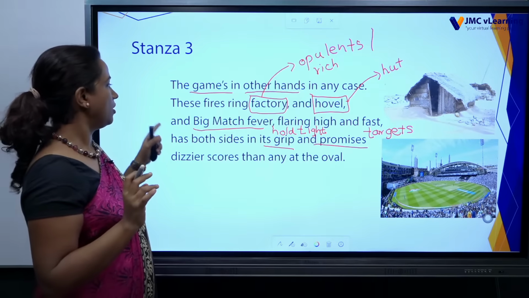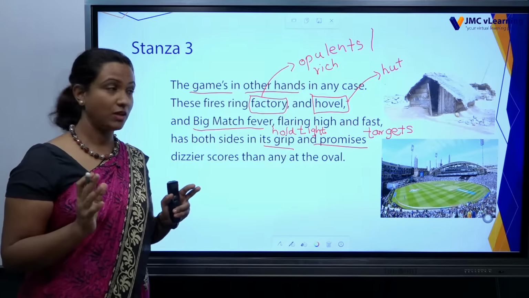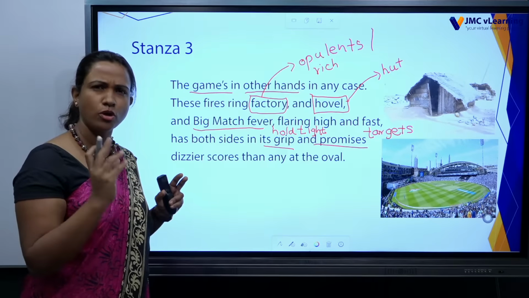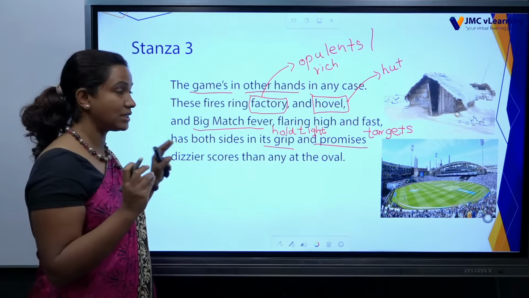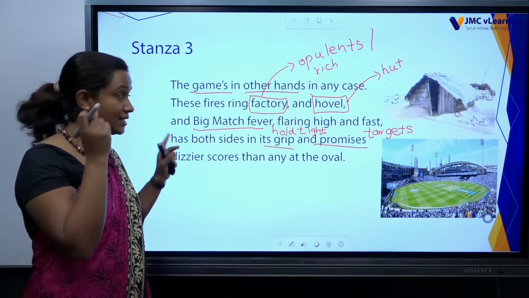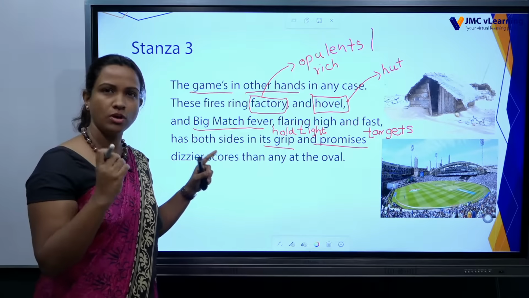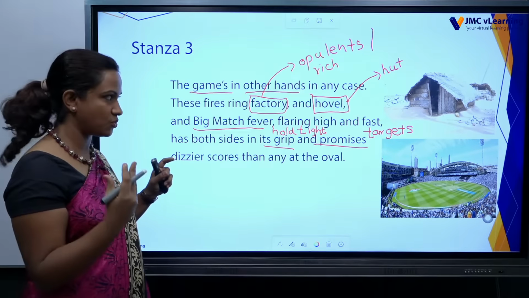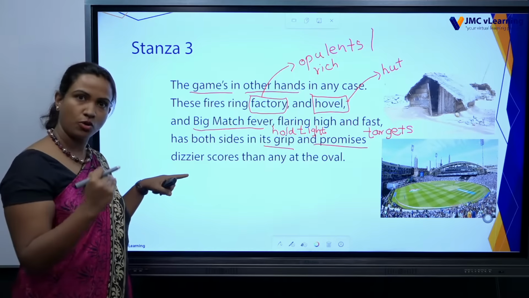So when you have a big match fever, you want to go to your target, your objective. You want to score more marks. Just like that, in this violence, you hold tight to your objective of killing people. That's what it means.